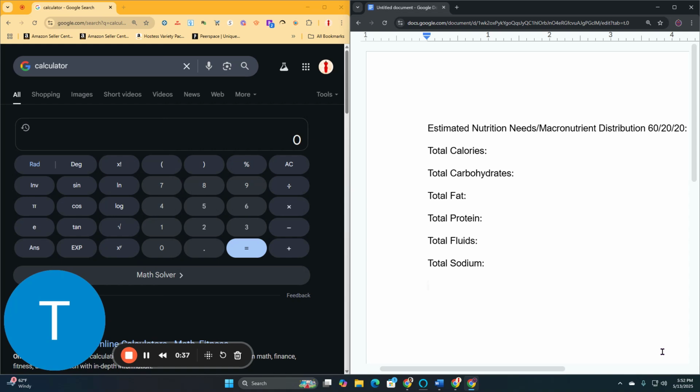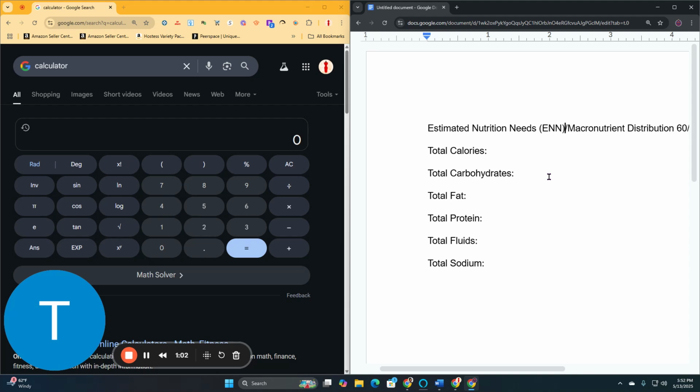So, for starters, we should understand what estimated nutrition needs is. It's a term that us dietitians and nutritionists use to describe all the numbers that are included as a part of calories, macronutrients, and micronutrients. Sometimes you'll see it abbreviated. If you ever see any of my nutrition notes, you'll see it abbreviated as ENN.